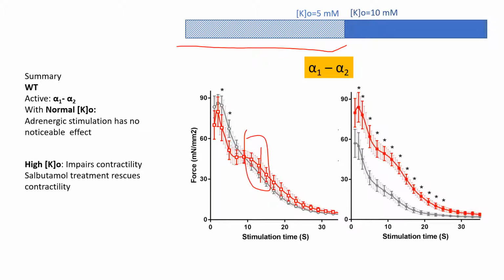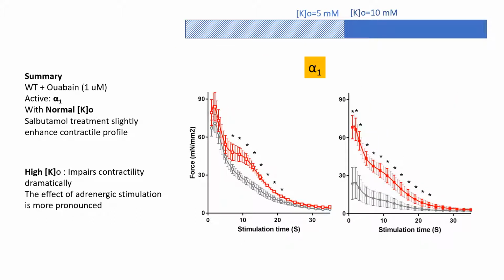But with high extracellular potassium, the high potassium itself impairs contractility. Compare red versus gray here. And salbutamol treatment rescues contractility almost 100%. It recovers, it's back to normal.